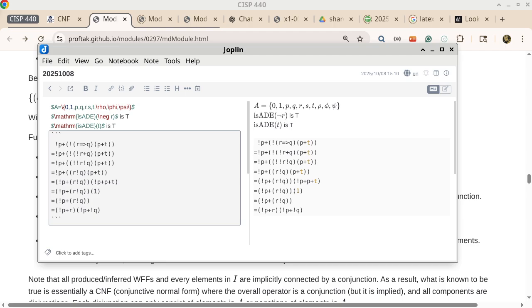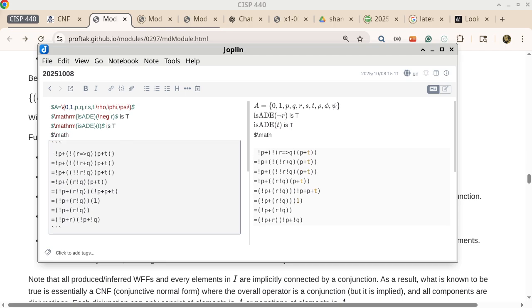Now we are looking at is a well-formed formula, and the well-formed formula is using the negation of r or t by itself. So now the question is, is that true or false?